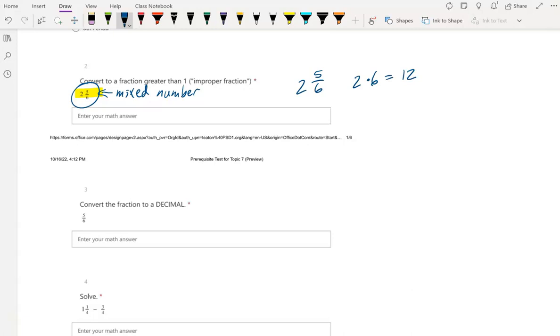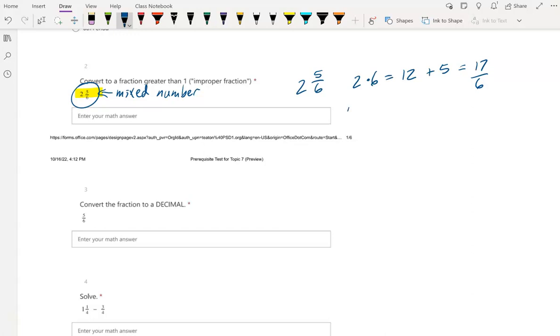Now, after you multiply the whole number times the denominator, then you are going to add the numerator. In this case, it's 5. And 12 plus 5 is 17. Now, that's just a whole number. Now, you take the whole thing and you put it over your original denominator, 17/6.